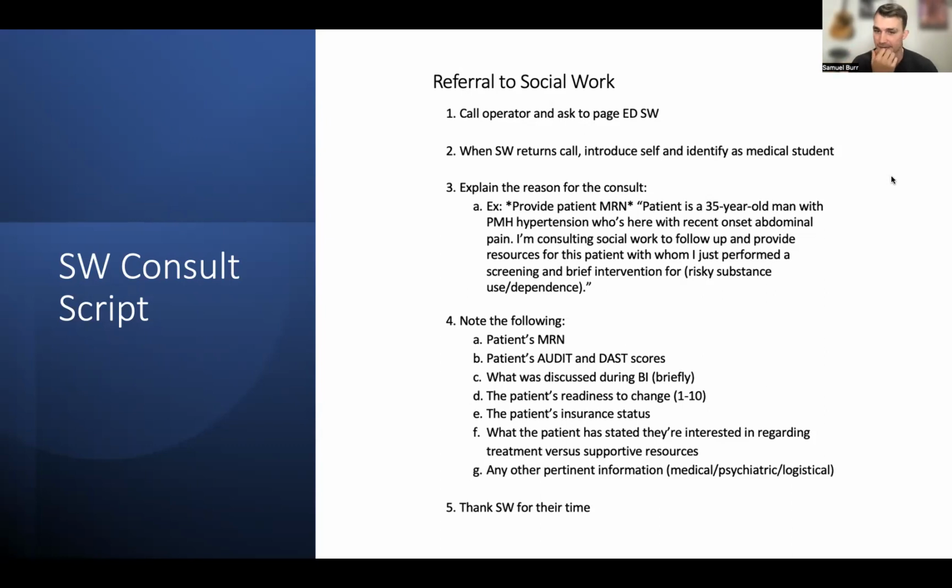Note their audit and DAST scores, what was discussed briefly during the brief intervention, and where their readiness is. Insurance status is important to note, to guide what resources can be provided that make sense in the patient's context and circumstances, and then any other pertinent information that social work would find helpful for their interaction. And then thanking social work, obviously.